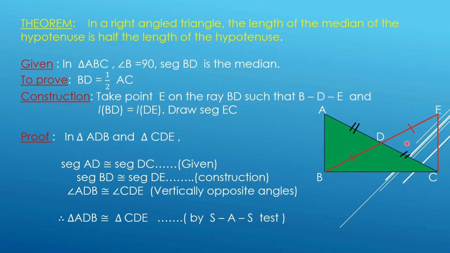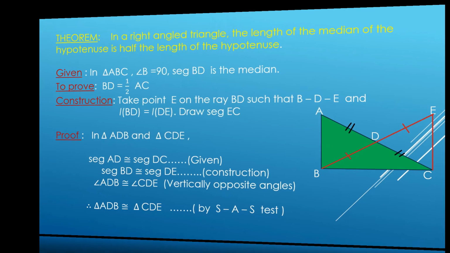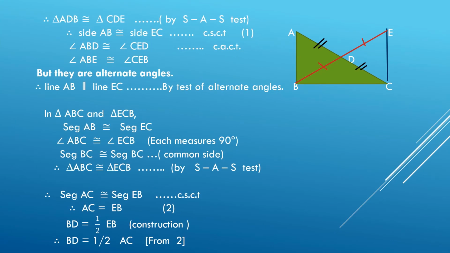By which condition are these two triangles congruent? This is side, angle and side. That is, by SAS test, triangle ADB is congruent to triangle CDE.